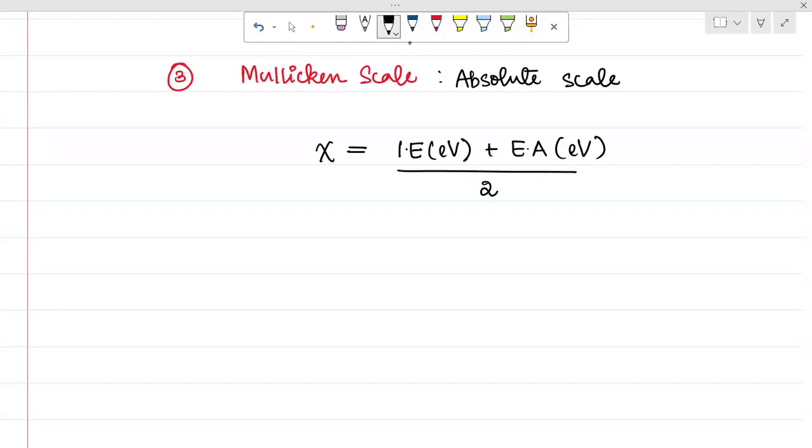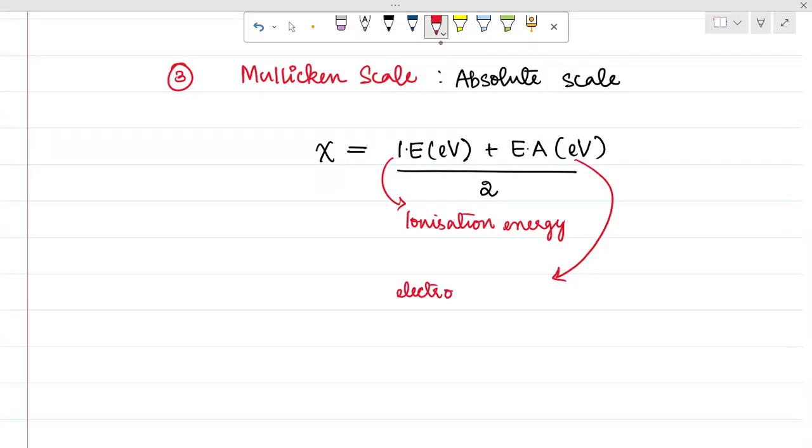Please write it down: ionization energy, which you have to substitute in electron volts, plus electron affinity, by 2. So this is how you find the Mulliken scale electronegativity.